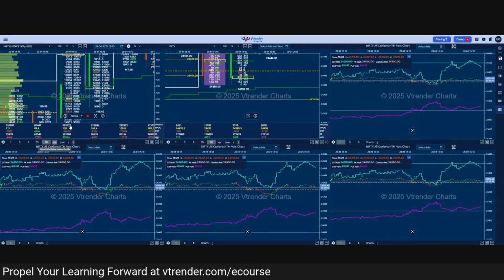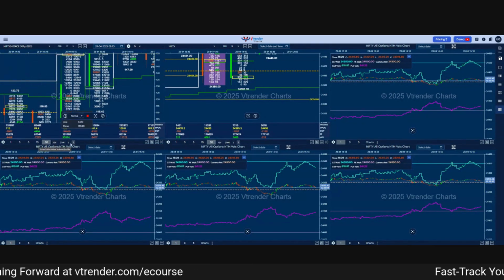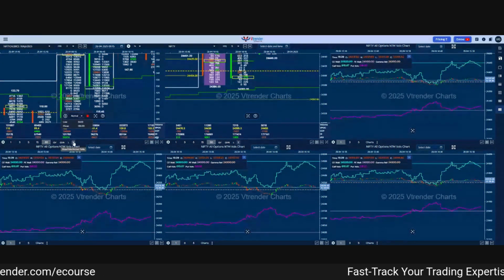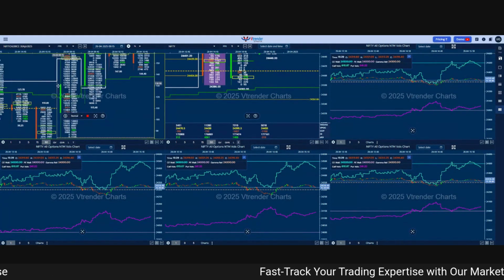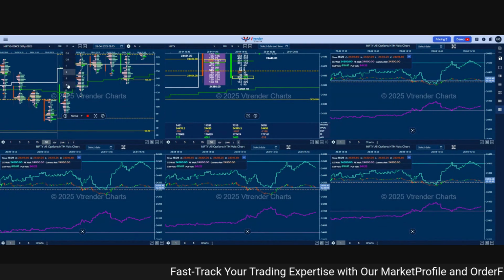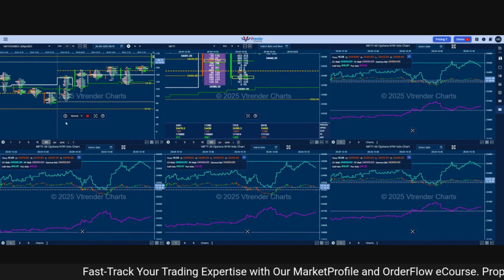You can take this off. You also have the option of taking off this table at the bottom. So what this gives you is it shows you the signals which are coming in.